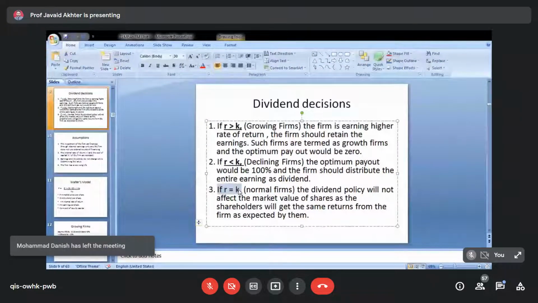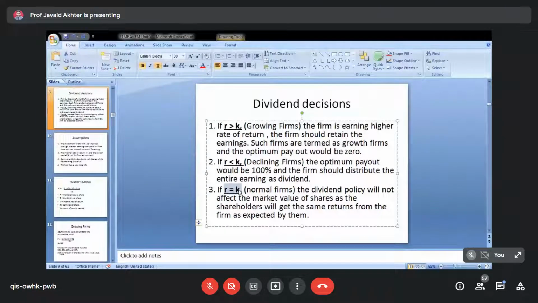Before we see the formula of Walter, let us be clear about that. According to them, there are three types of firms, and in real sense also, there can be these three categories only. A firm will have its IRR either more than K or less than K or equal to K. Can there be a fourth possibility also? No, sir.